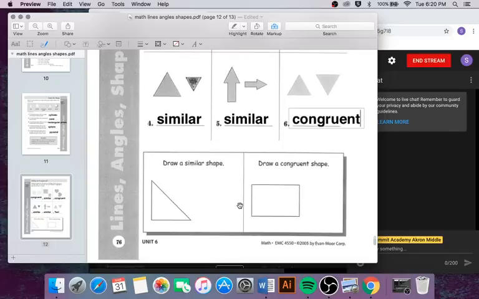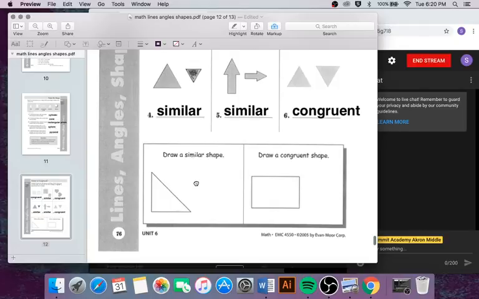Down here in the box, it wants us to draw a similar shape. So it wants us to draw a shape that is the same shape, but a different size. So there is a right triangle, but it is smaller than the original one.